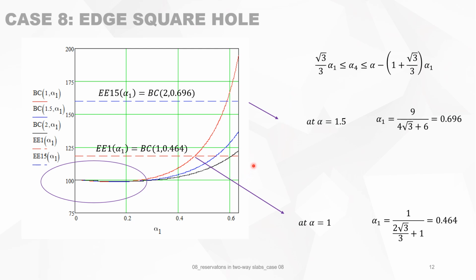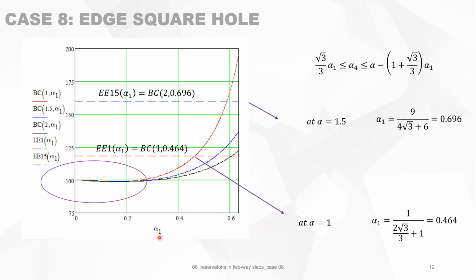There is a moment where you cannot use the formulas anymore. What's also interesting is that when you make a hole of type 8 into the slab, then you will see that until, for instance, a dimension of 0.25, which means 1/4 of the size of the smallest side of the slab, there is no influence at all on the bearing capacity.